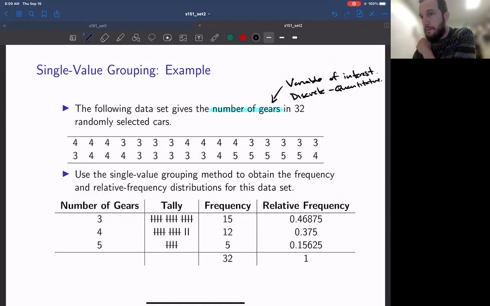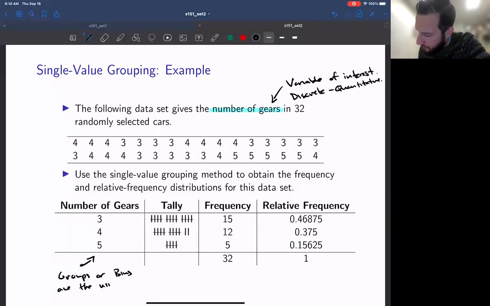Now you can see that in single value grouping, the process of creating the frequency and relative frequency distribution is identical to the process we utilize for qualitative data. First, we establish our groups. Okay, so the groups or bins are the unique numbers in the data set.